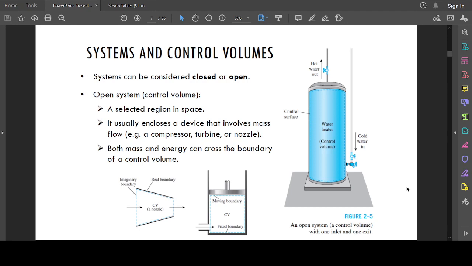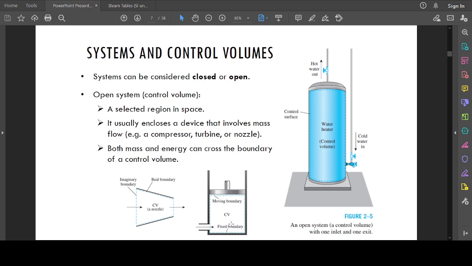In this kind of system, both mass and energy can cross the boundary of the control volume. Now, the control volume in the case of a nozzle is indicated by this imaginary boundary. The boundary is imaginary depending on the type of flow that we have flowing through the nozzle.